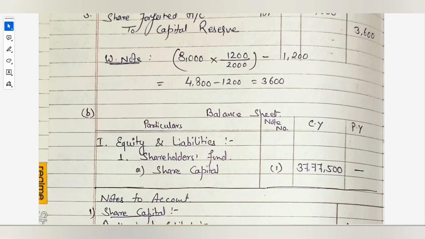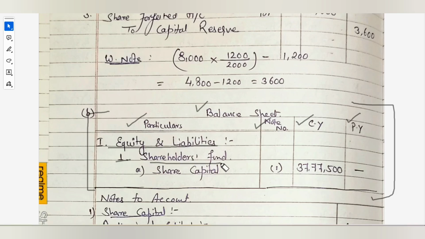As expected in this type of question, two requirements are always there. Presentation of balance sheet, which is, I would say, a tiny part, because only this portion belongs to the balance sheet. As you can see, balance sheet, then a basic format, particulars, note number, current year amount and previous year amount, and which will always start from the side of liabilities, that means equity and liabilities, followed by the first heading, that is shareholder fund.